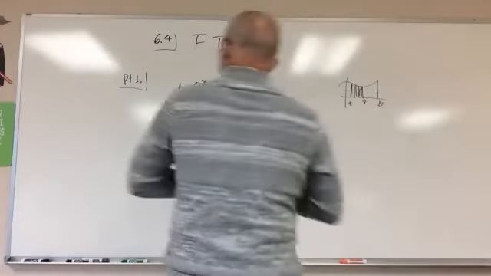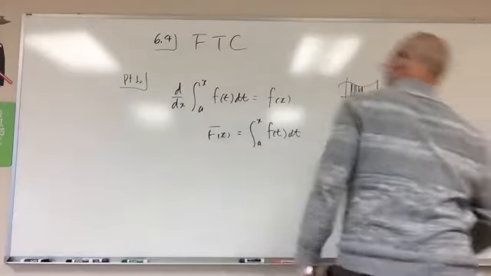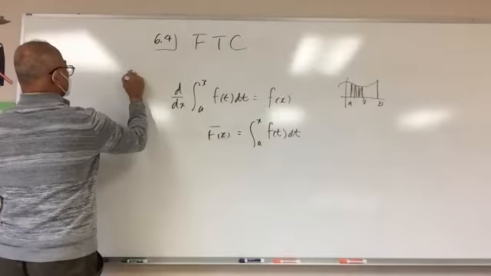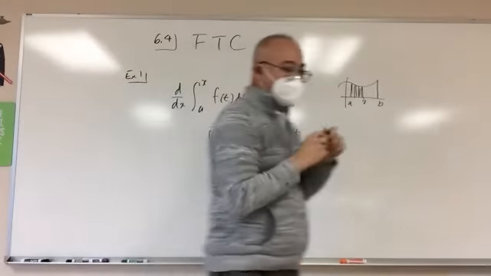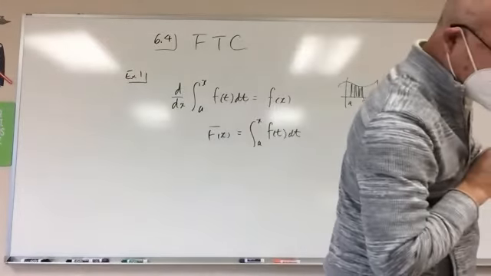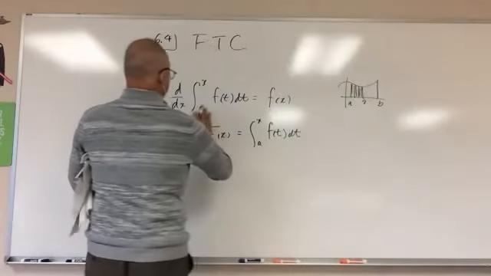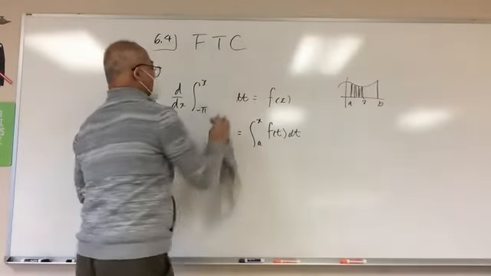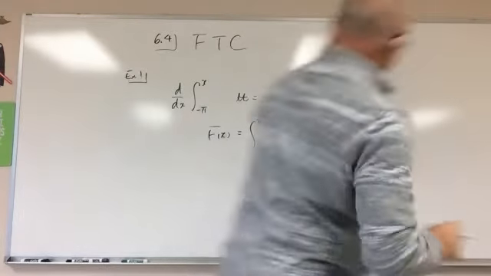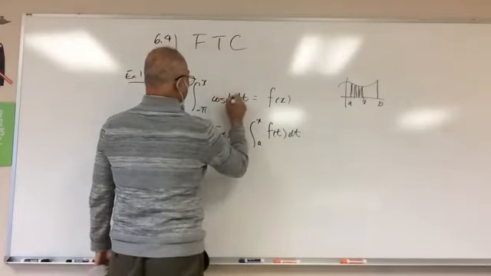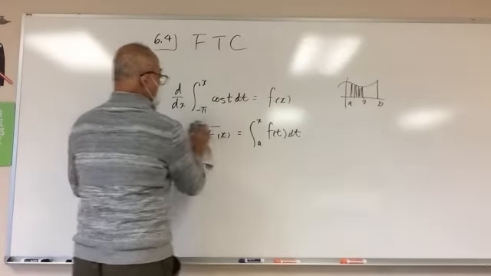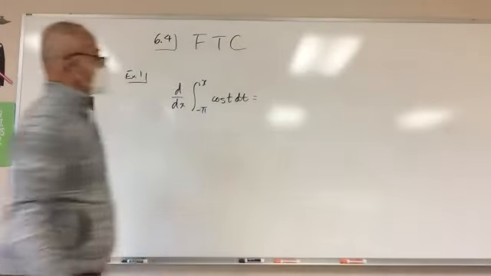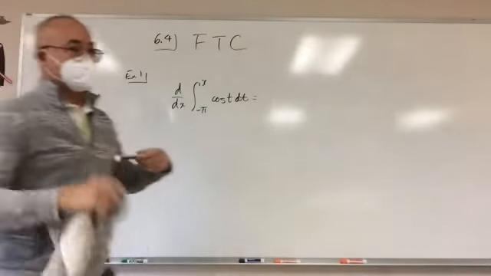Example number one says, find the derivative of the integral from negative pi to x of cosine t dt. Okay, so we want to find this. So what is this? Anybody tell me?